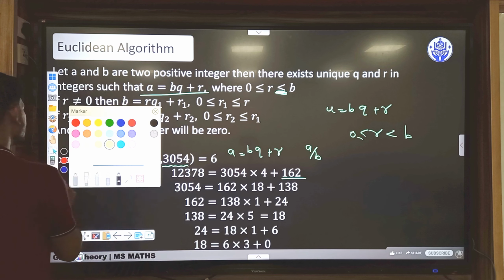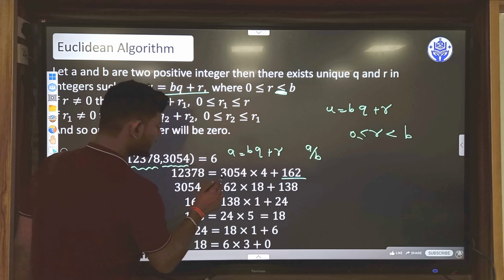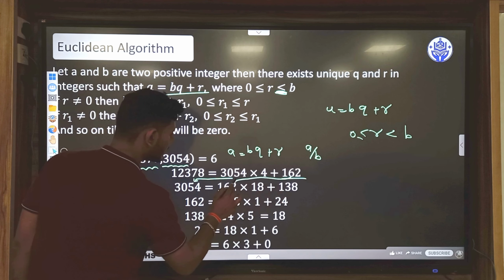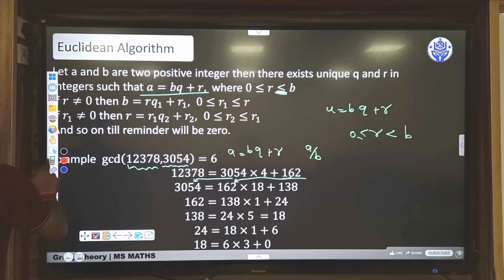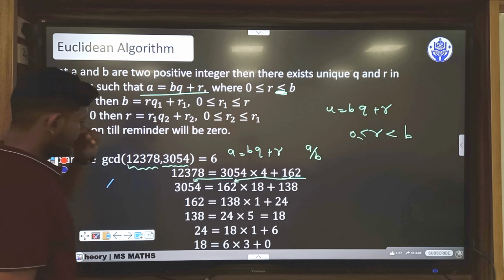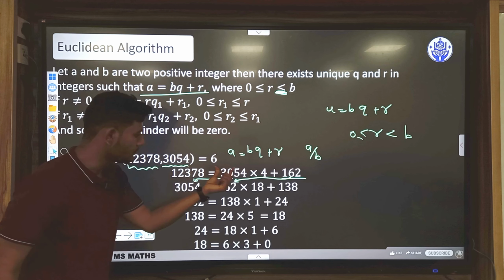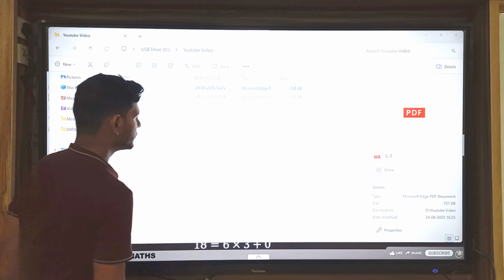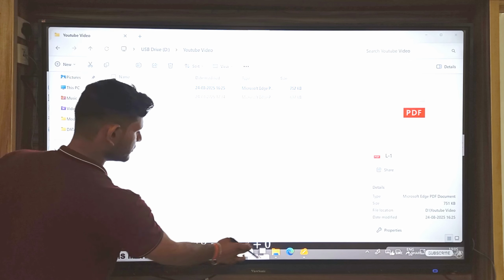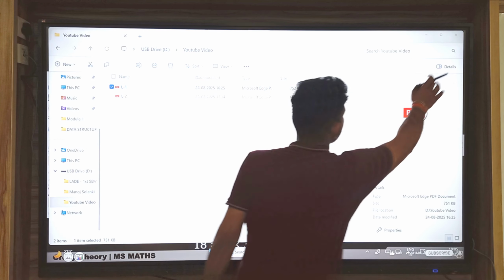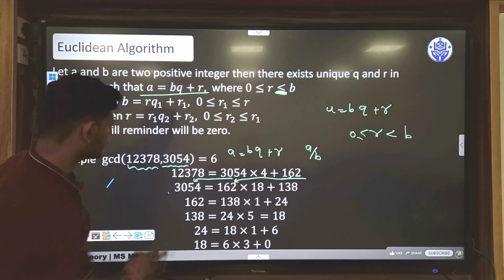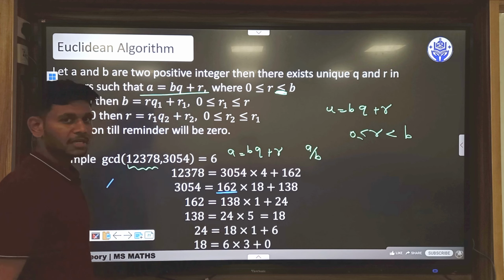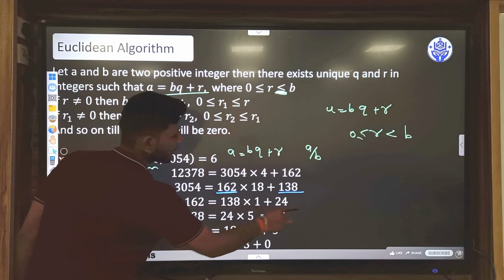Now my remainder is 162, so I replace the numbers: I divide the previous divisor by this remainder, and find the next remainder as 138. Then again I divide in B by the remainder and find the remainder as 24.